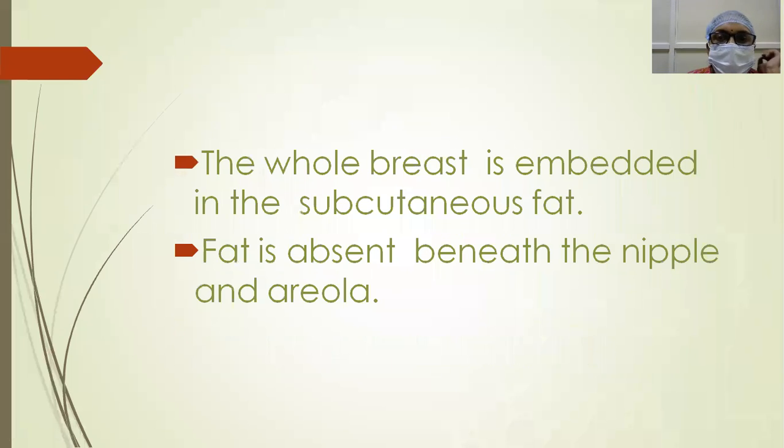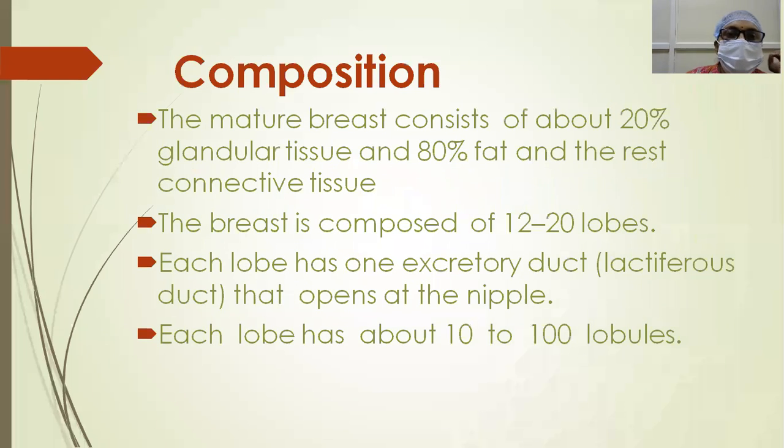As I told you, the whole breast is embedded in the subcutaneous fat, but this fat is absent beneath the nipple and the areola. So we'll go through the composition of the breast. The mature breast consists of 20% glandular tissue and 80% fat, and the rest is connective tissue.